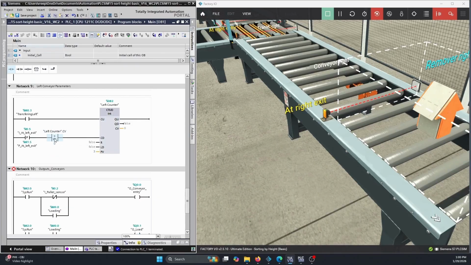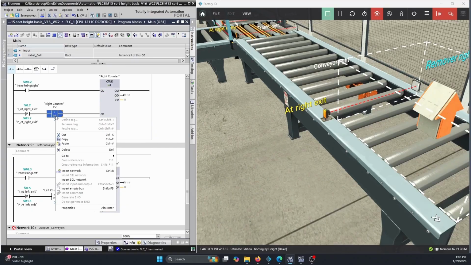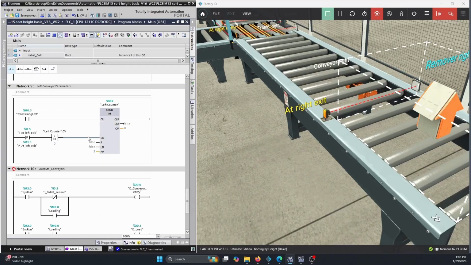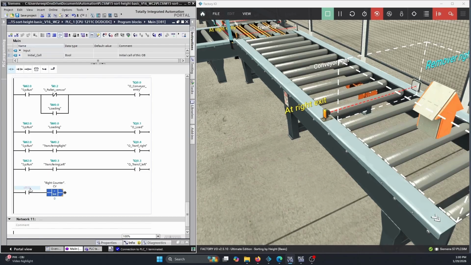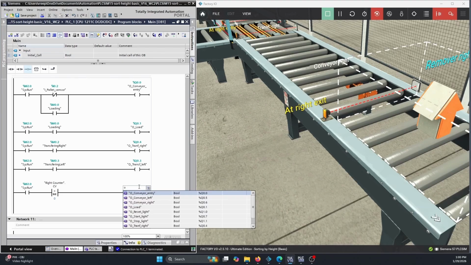So right counter, I'm going to do right counter here. I'm going to copy this. So as long as the right counter is above 0, looks good. This one is going to be my system run, right? So as long as system run is running and my right counter is above 0, then turn on my right conveyor. So output, conveyor right.